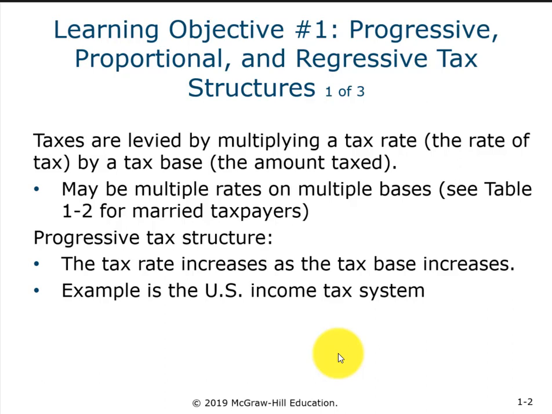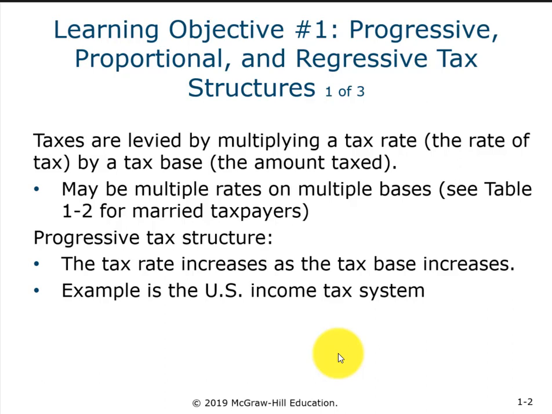Most of the complexity by far is in the amount taxed. The tax rate is a relatively straightforward concept in terms of the amount. There are some twists and turns, though, in calculating that we'll learn about.